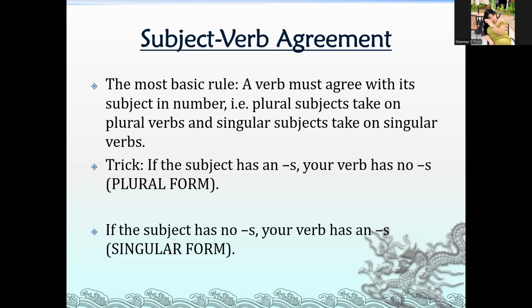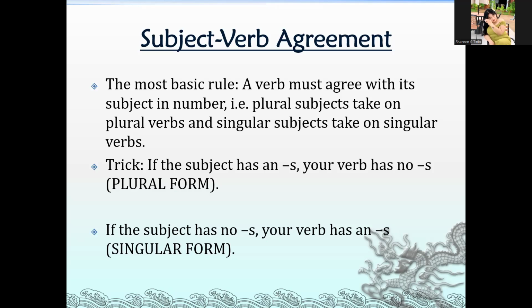What if I say the kittens drink or drinks? Pag may narinig yung S, sino yun? Again, the kittens. Nilagyan ko ng S. Marami na sila. The kittens drink. Di ba kapag may S yung subject, tatanggalan mo ng S si verb.